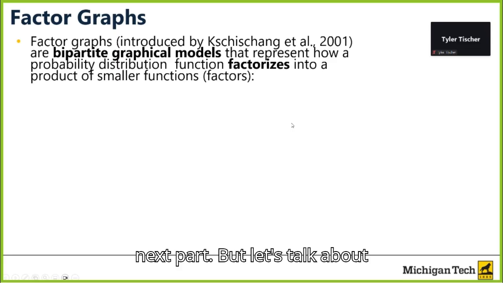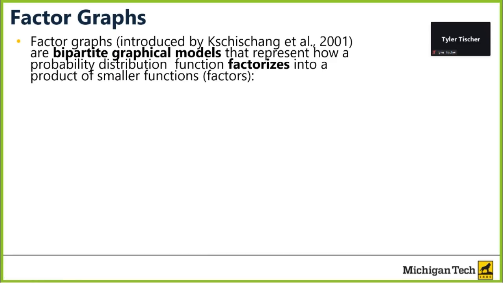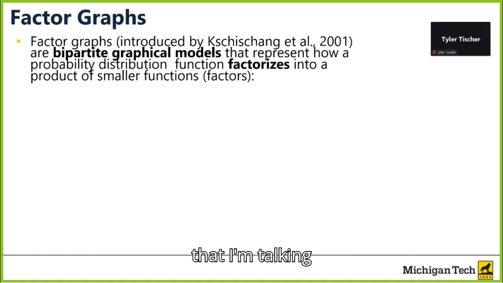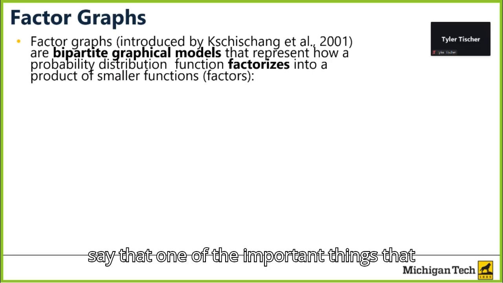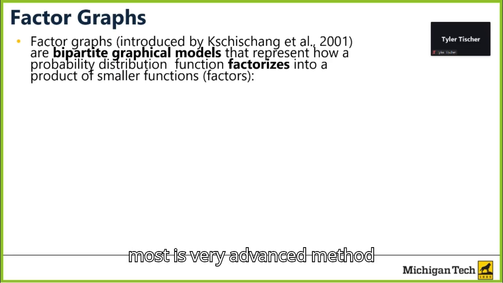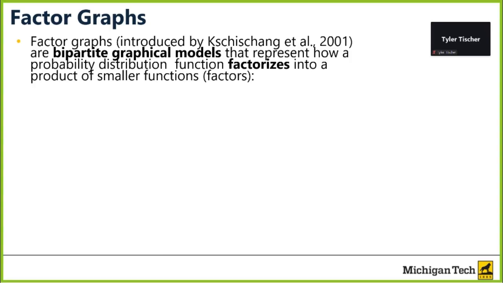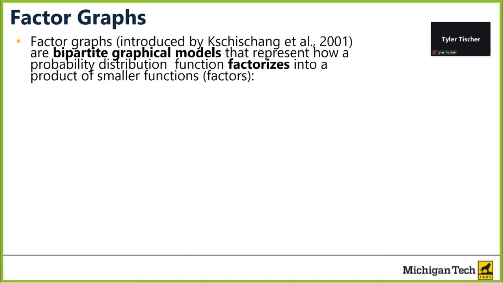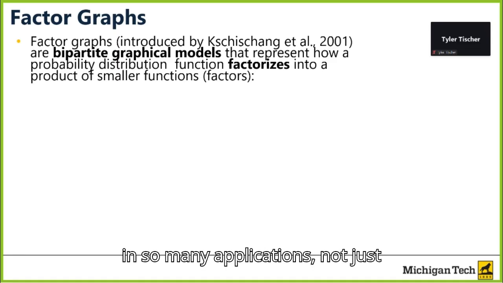But let's talk about probabilistic perception. This topic is one of the most important things, a very advanced method of perception, very realistic, and you can see how we can use it practically in so many applications, not just robotics.